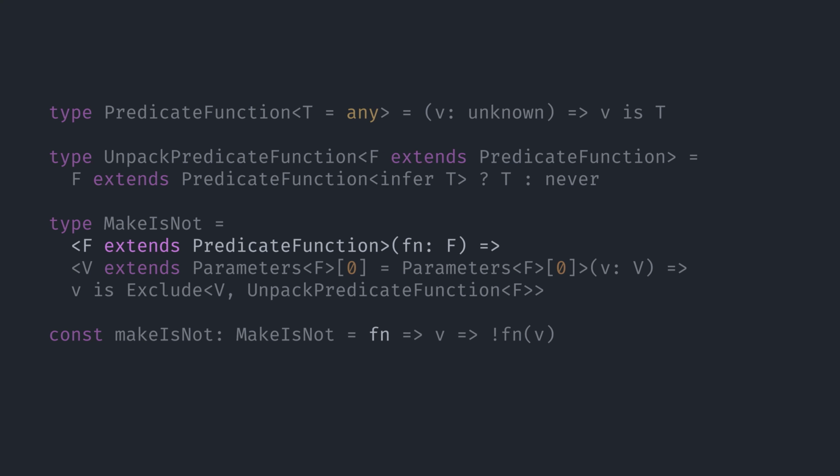First, we receive an argument, a predicate function called fn. Then we return a new function. This new function receives an argument called v, which has the same type of the first parameter of fn, and that returns a type predicate saying that v is not of the type guarded by our fn function.